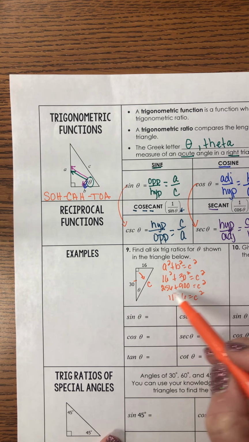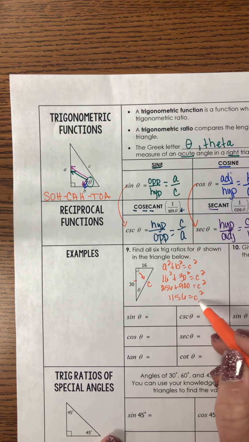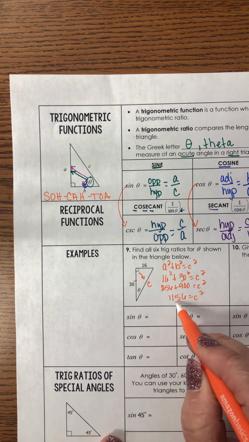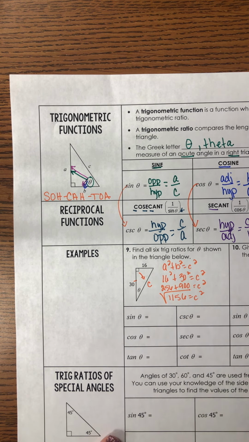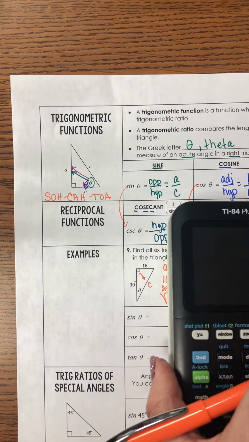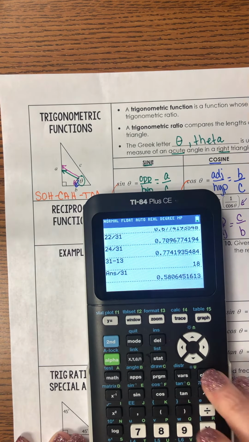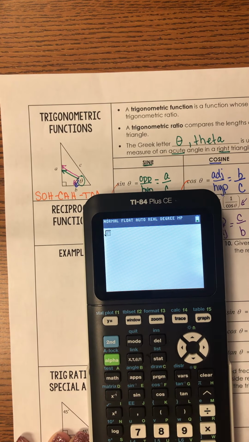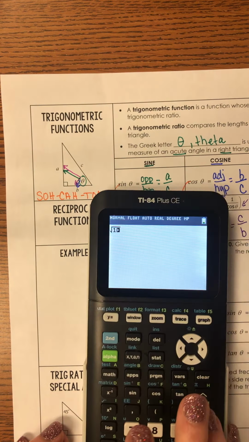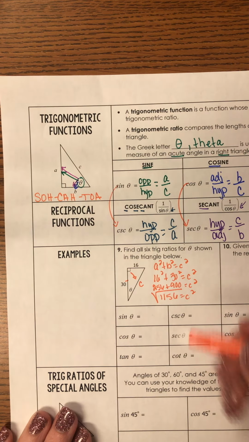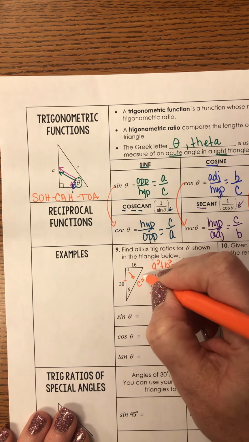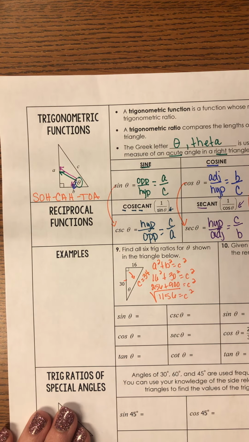I squared both sides and added them together, and now I have c squared equals 1,156. So to find c, I'm going to take the square root. So going to my trusty calculator, I have the square root of 1,156, which is 34. So that tells me that side C is equal to 34 units.